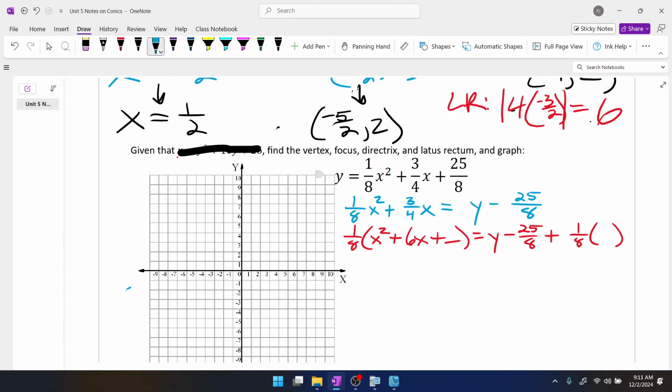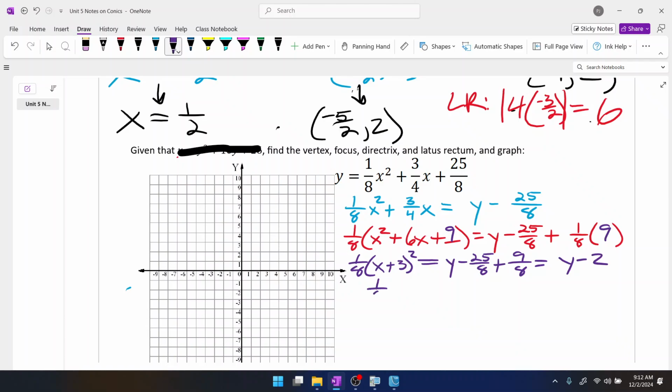So in other words, what's going to complete the square for this? 9. So you have 1/8 times x plus 3 quantity squared equaling y minus 25/8 plus 9/8. Well, negative 25 plus 9 is negative 16, or y minus 2.